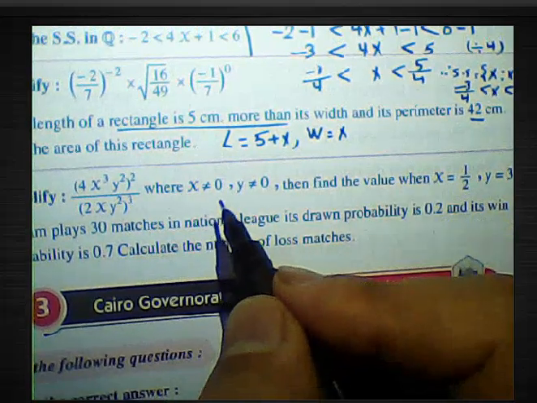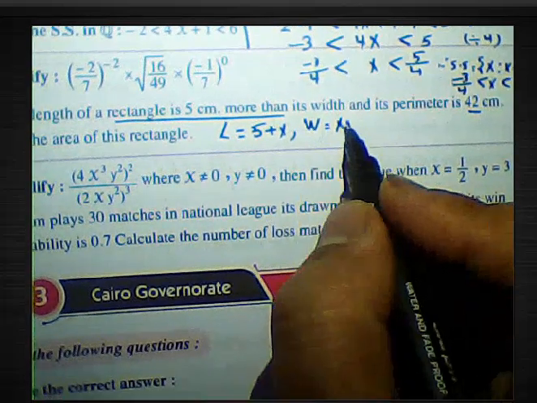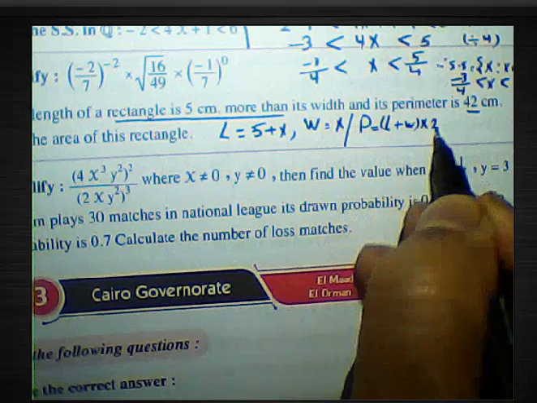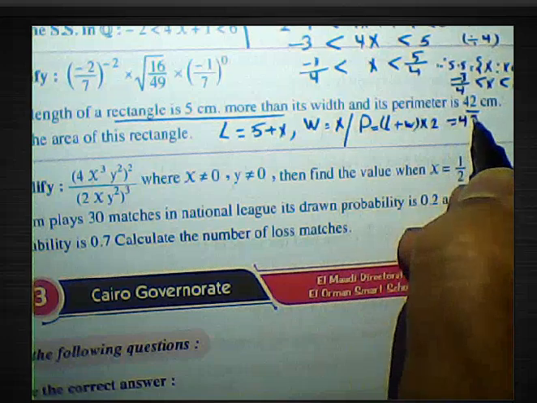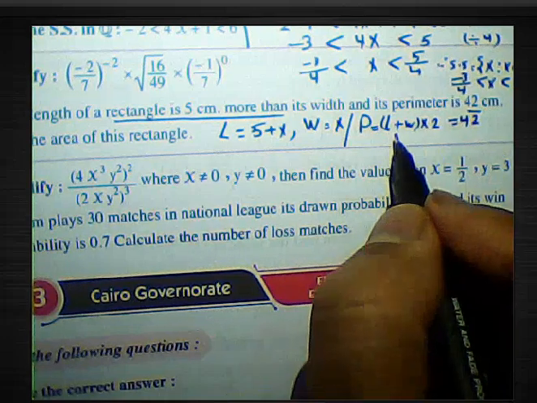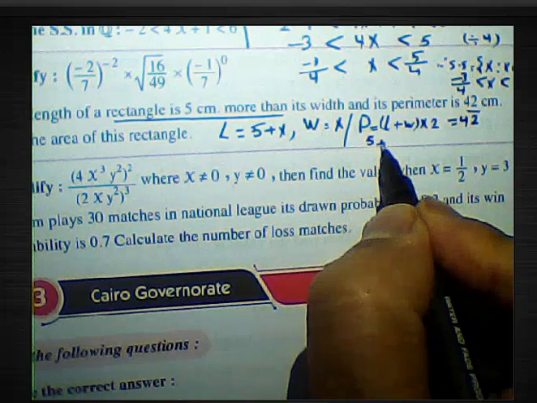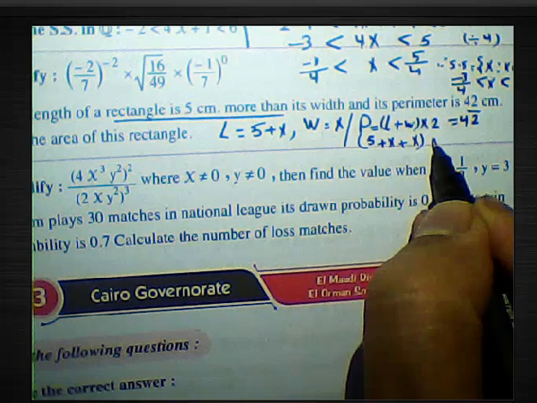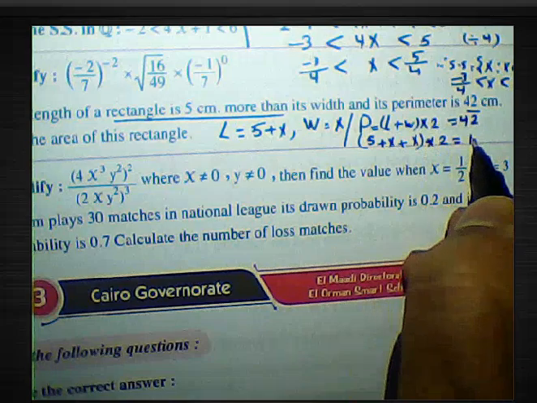We can find the rule for this example: perimeter equals length plus width, multiplied by 2. It will be 42, and we can put the length here equal to x plus 5, plus width equal to x, multiplied by 2 equals 42.